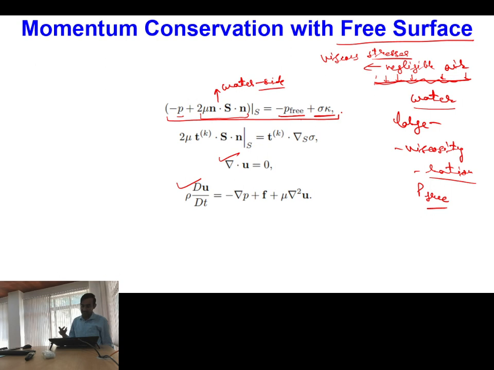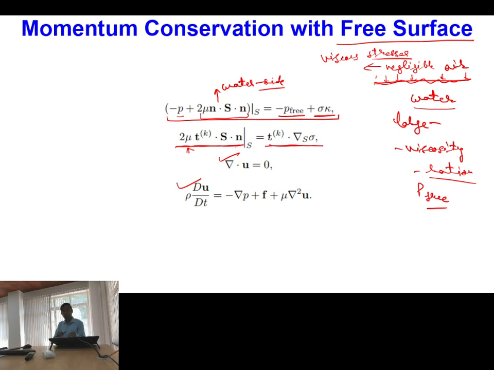Similarly, if you do the tangential force, it will also be only on the water side, because tangential forces come majorly because of viscosity only, and viscosity on the air side is negligible. So viscous forces will only come on the water side, and that will be equal to the gradient of surface tension.